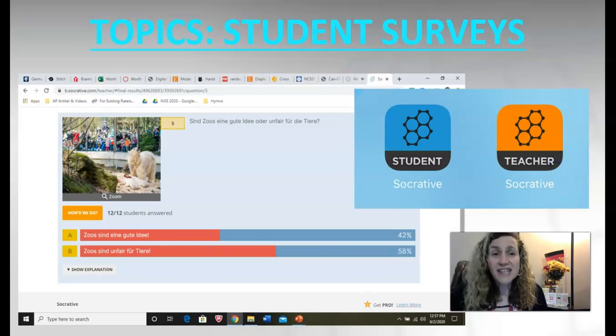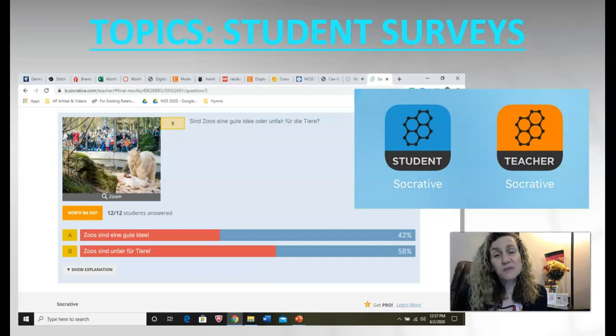However, when I changed the question to, are zoos a good or bad idea for animals, you'll notice that the opinions were split almost right down the middle. 42% of my students thought zoos were a good idea for animals, and 58% thought they were not a great idea.